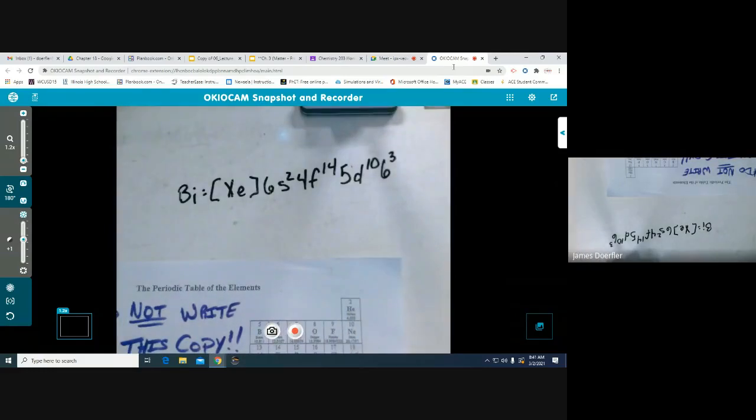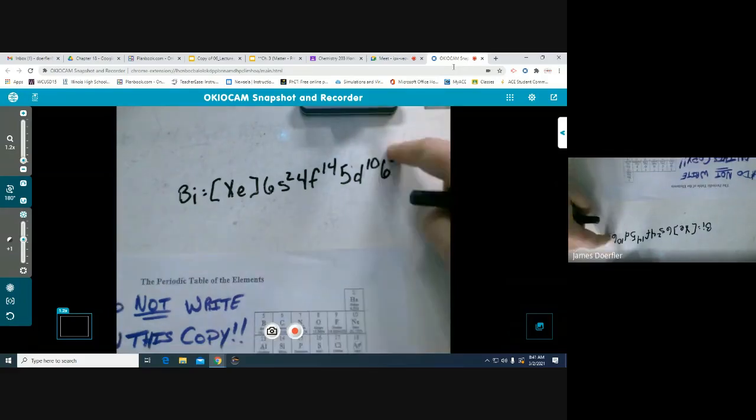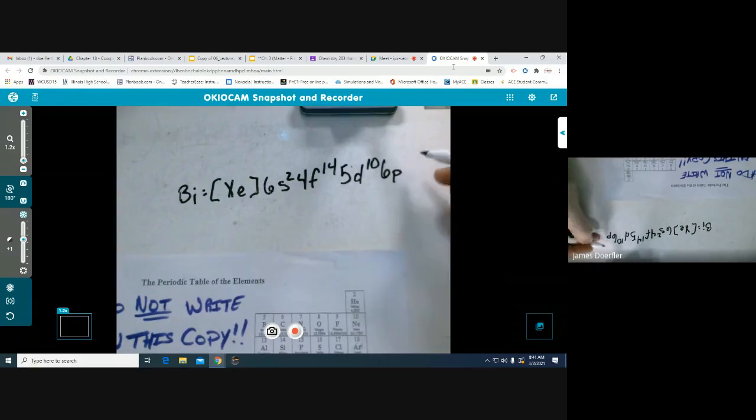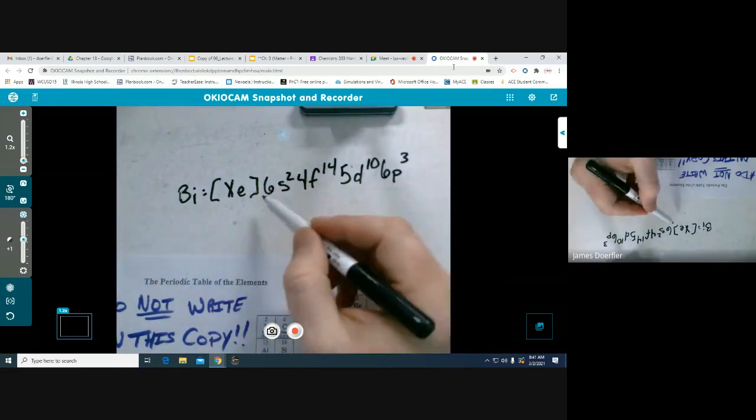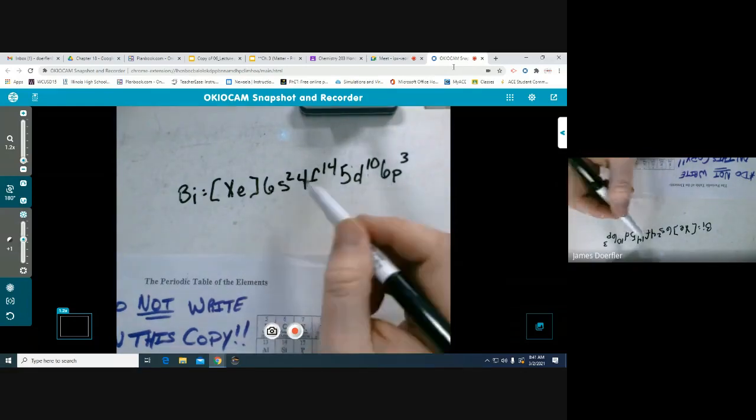So I get [Xe] 6s2 4f14 5d10. I did it again. P, say it, I must forget to write it. 6p3. So that would be your condensed or noble gas electron configuration right there.